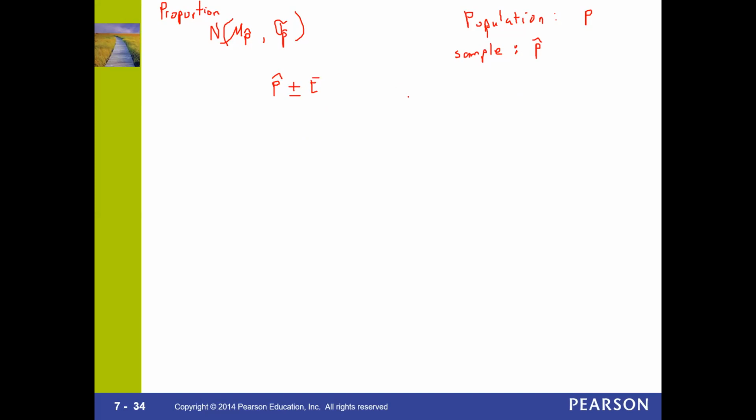It means at the same time, you can have p hat minus e as an interval, and then p hat plus e, and then P can be in there. Let me do a line for you instead. Suppose you have a line right here.